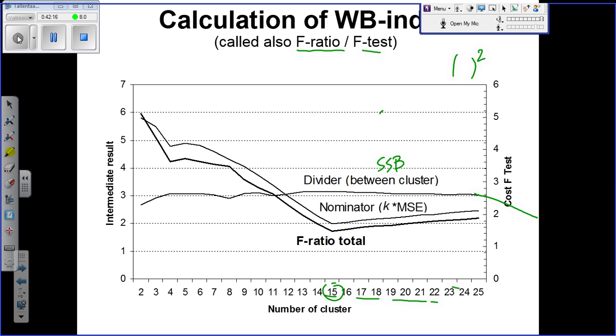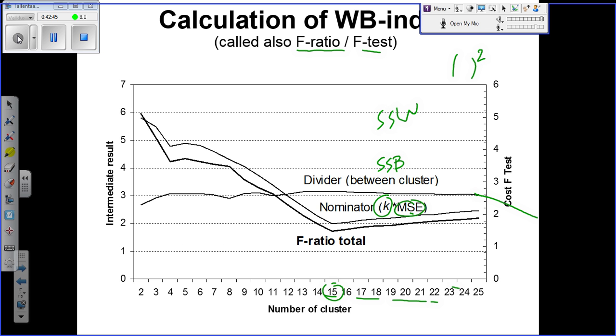On the other side, the within cluster term, I think it's this term here, or MSE here, plus the k, which is kind of the scaling factor here, in the denominator. So with more clusters, the smaller it will become, so it's also supposed to go down, right?